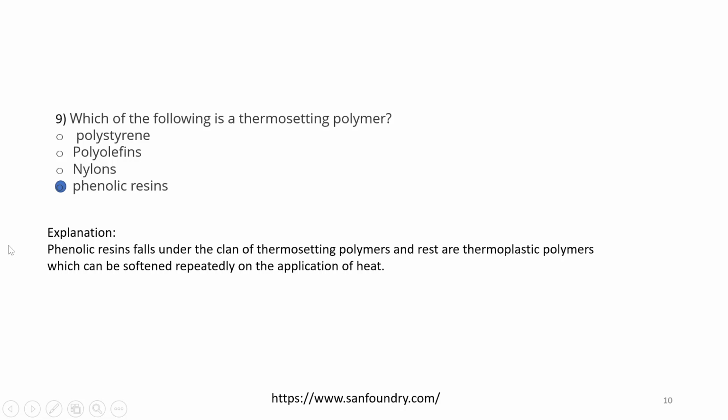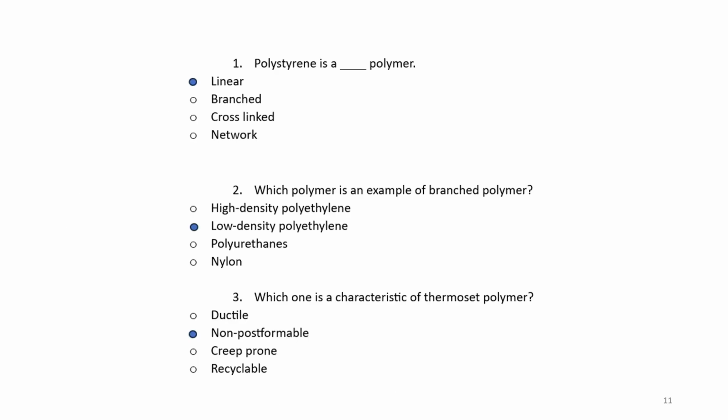Phenolic resins fall under thermosetting polymers, and the rest are thermoplastic polymers, which can be softened repeatedly on the application of heat. Next, polystyrene is a blank polymer. Your options are linear, branched, cross-linked and network. Polystyrene is an addition type polymer with a linear type of structure.